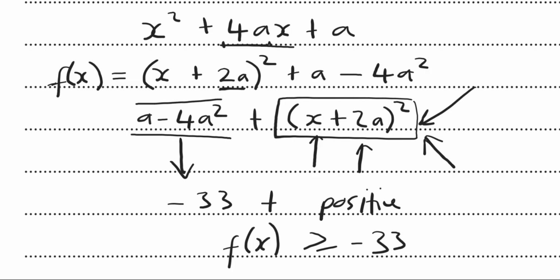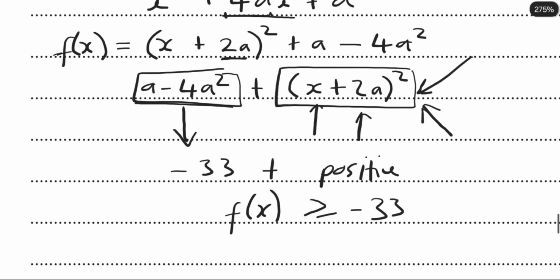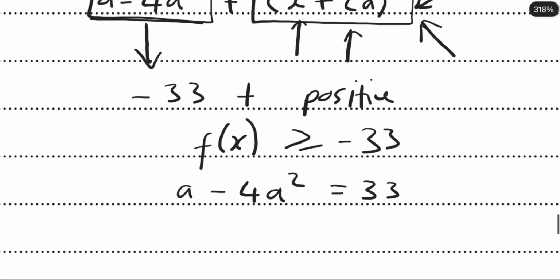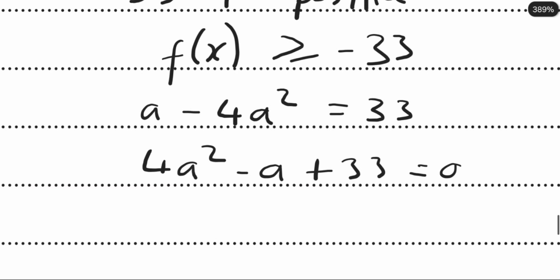So we're going to equate this to minus 33. So a minus 4a squared equals minus 33. Taking everything to the right hand side will be 4a squared minus a minus 33 equals 0. To get a, we're going to use the quadratic formula.